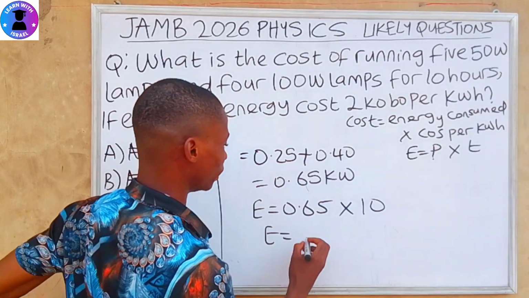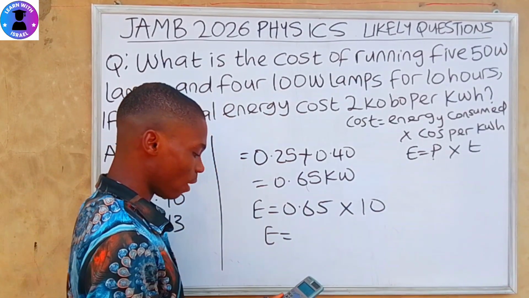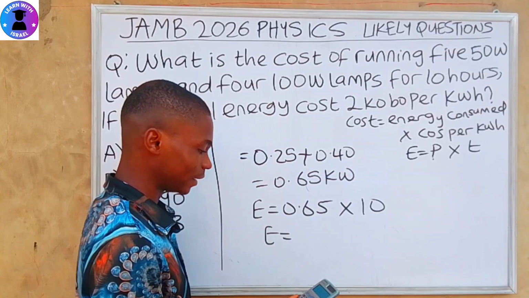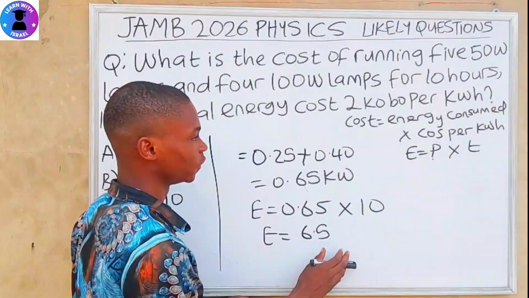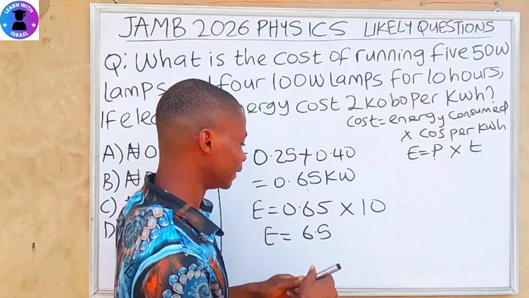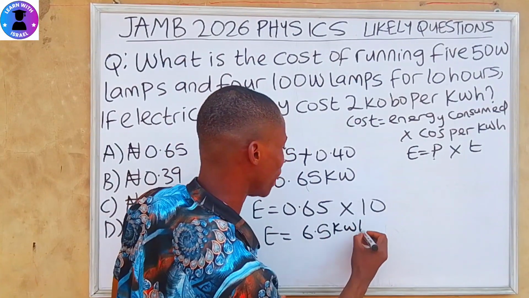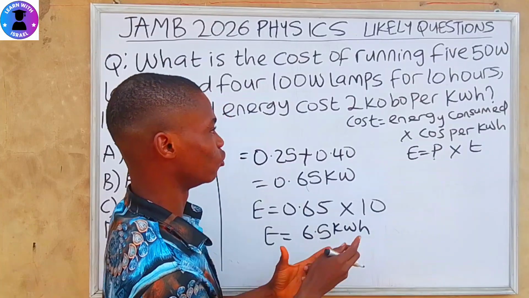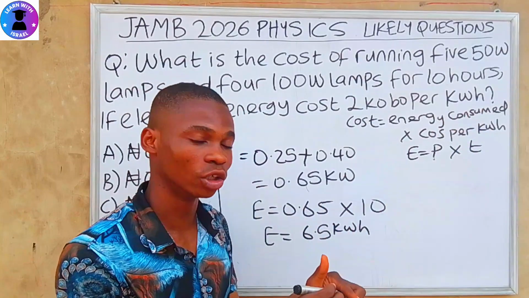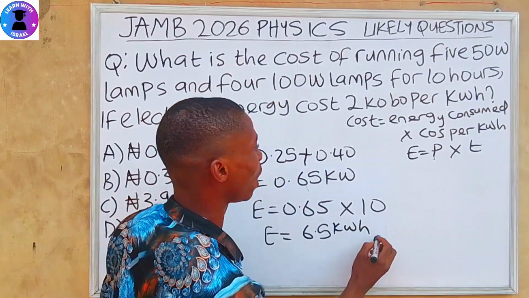Let's press our calculator: 0.65 multiplied by 10 will give us 6.5 kilowatt per hour. So our energy consumed is 6.5 kilowatt per hour.